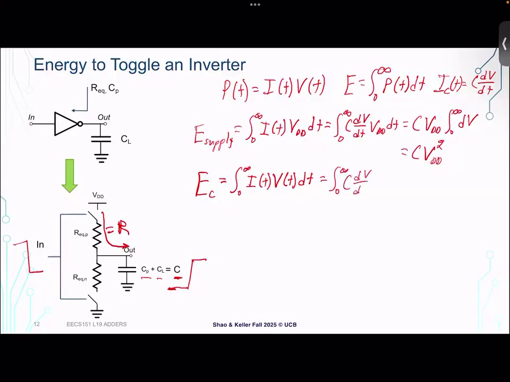C dV/dt. We'll again pull out the constants. Sorry, this should be VDD here. And I realized I made an error up there when I did the U substitution. Okay, and so what's the integral of V dV?